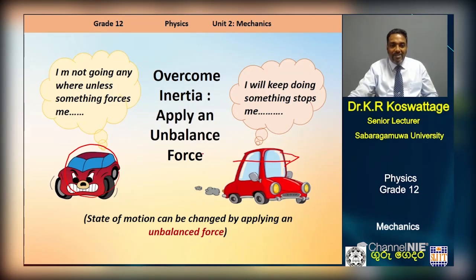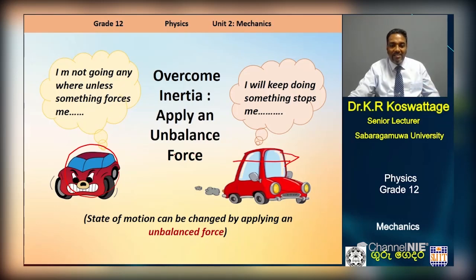Now here you can understand that in the case of the car at rest, it keeps doing what it is doing unless something forces it. So you need force here.